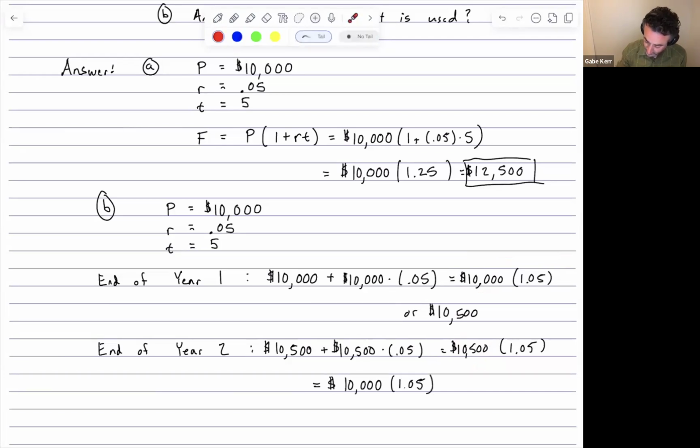So I'm just putting that in here, but then times, again, another 1.05, or 10,000 times 1.05 squared. Let me move all of this over so that we're not staring at the bottom right-hand side of our screen.